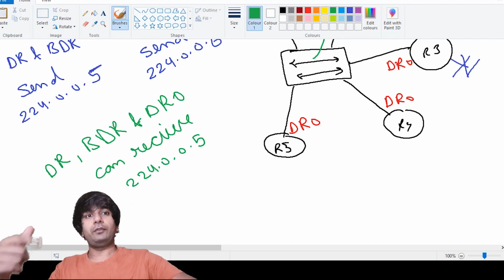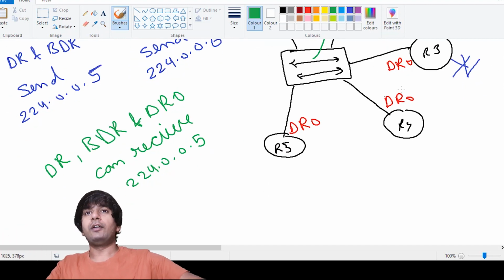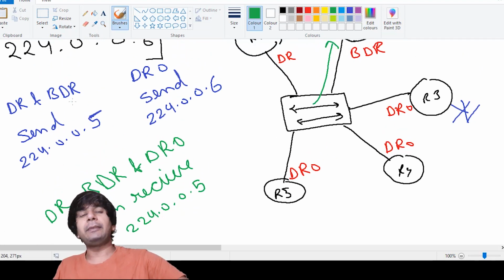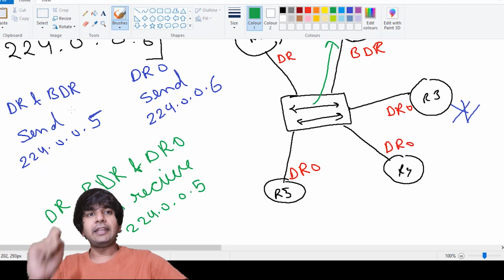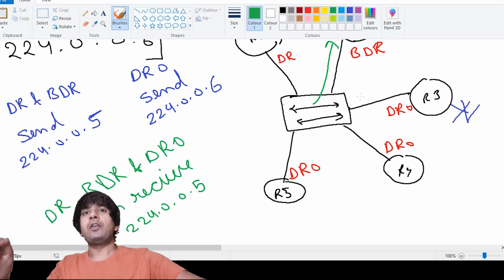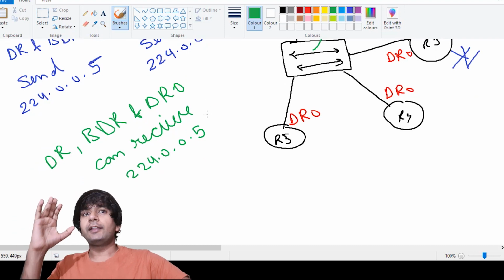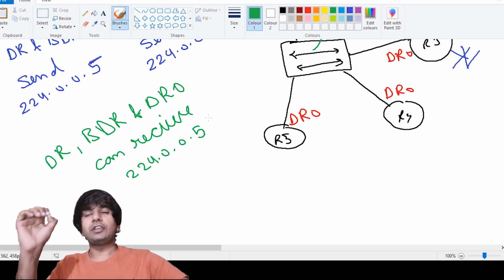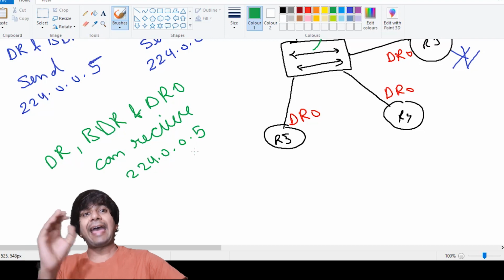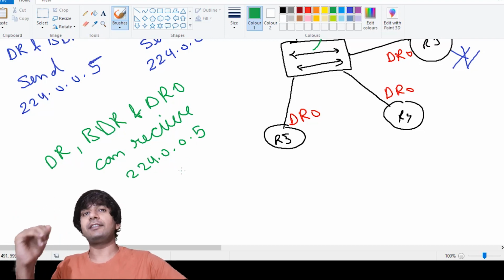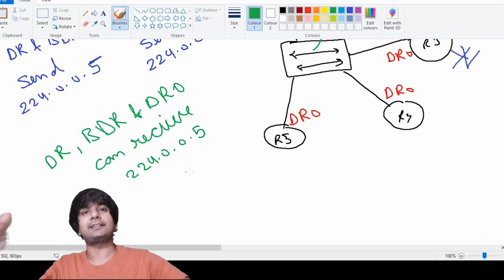Understood? So when it comes to sending, DR and BDR can only send the updates on .5. When it comes to receiving, every single router can receive all the updates which have destination IP address 224.0.0.5.